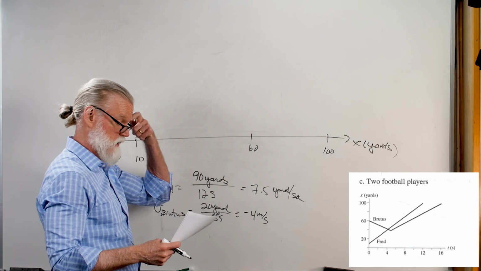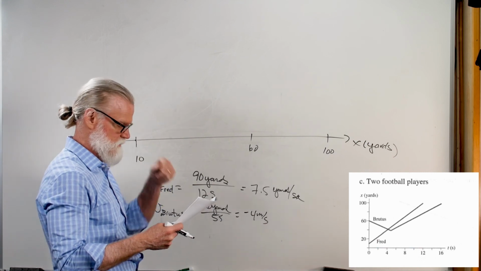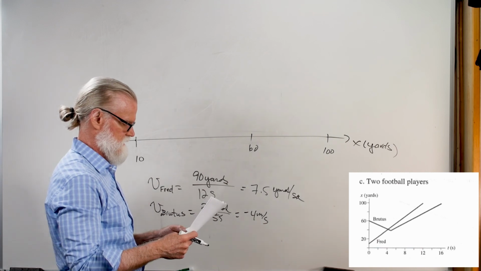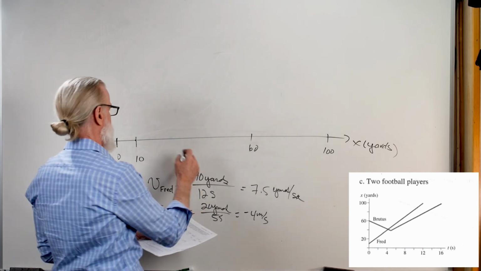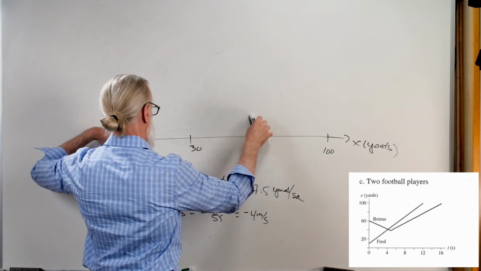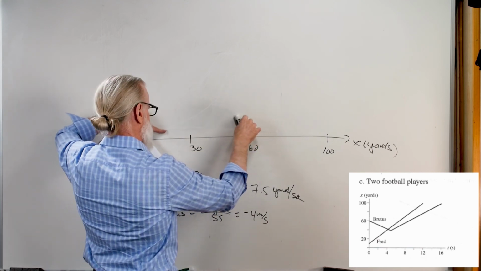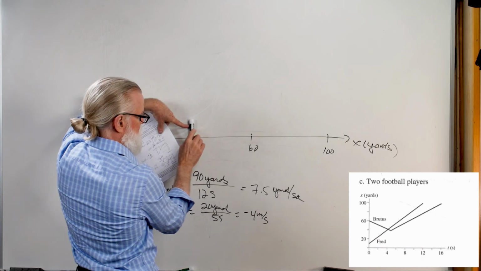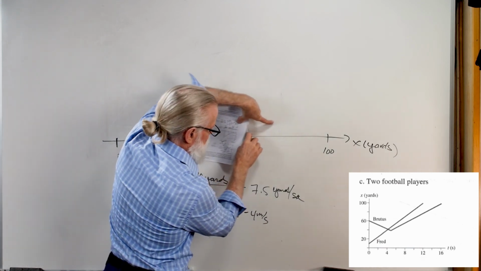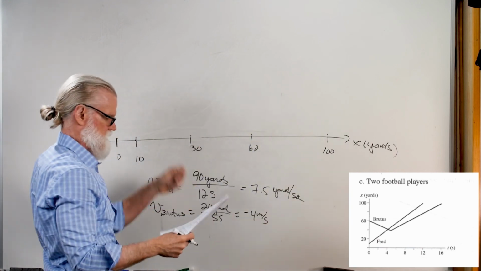And then Fred runs past him. And he runs past him at the 30-yard mark, right? They're at the same position wherever 30 is. So 30 might be here. So at this point, they kick off, and they're at the same position at 30. And then Fred passes him and pulls away because he's a faster runner, right?